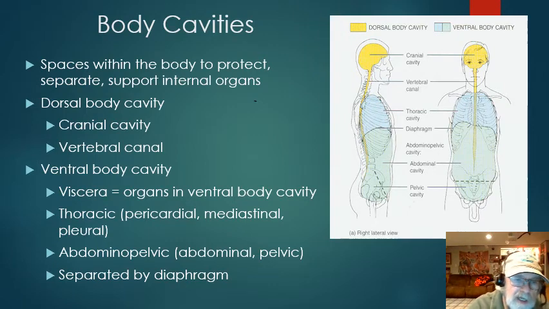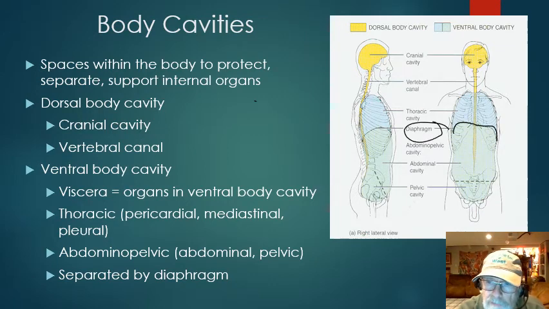The ventral body cavity is a lot more difficult. The ventral body cavity is divided into two main cavities. It's divided by this little thing that we see right here, which is called the diaphragm. The diaphragm separates the thoracic cavity on the top from the abdominopelvic cavity on the bottom.